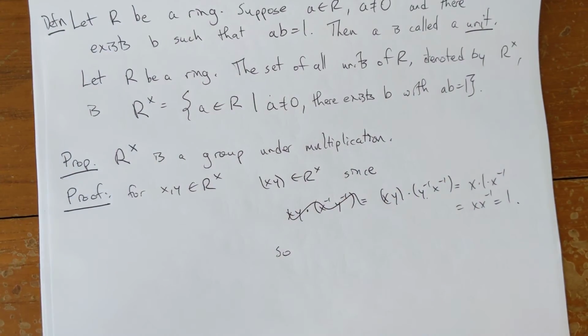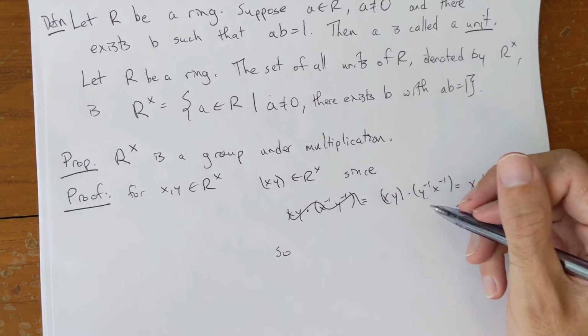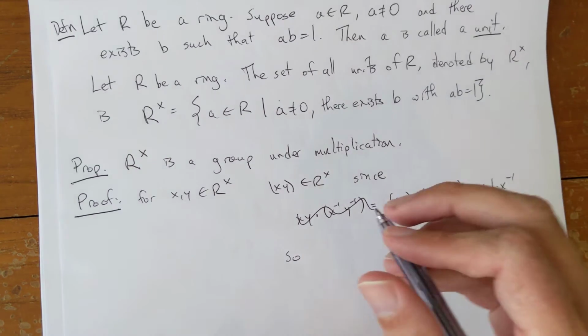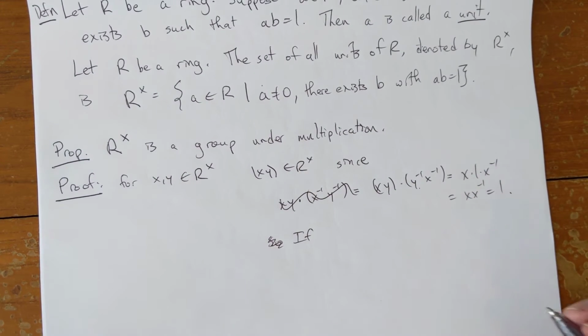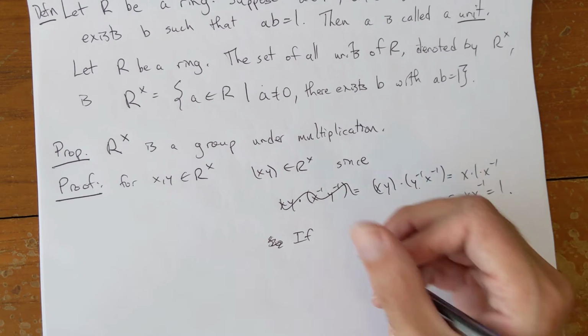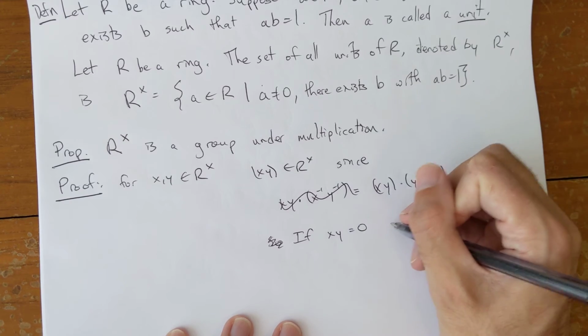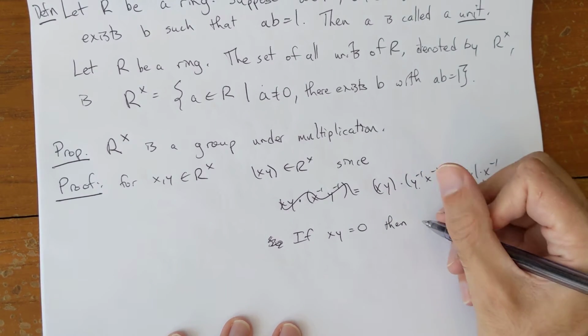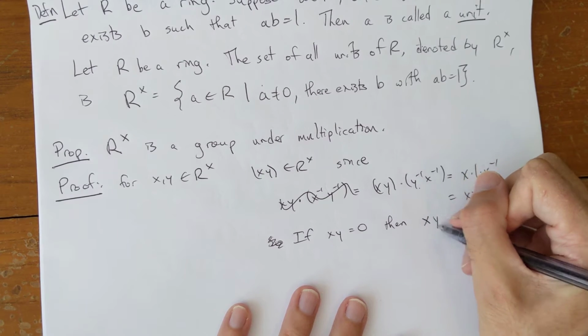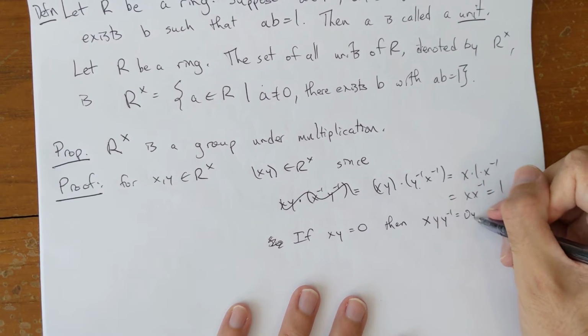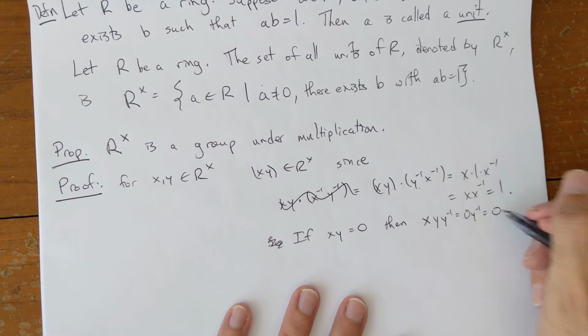And of course, if x and y are both non-zero, why isn't it possible for xy to be 0? If xy equals 0, then x y inverse equals 0 y inverse, that's 0.